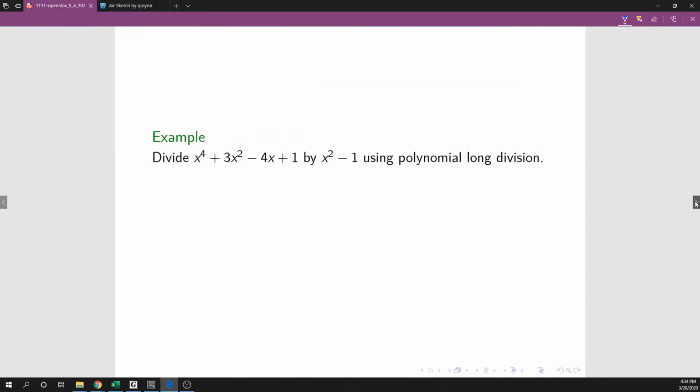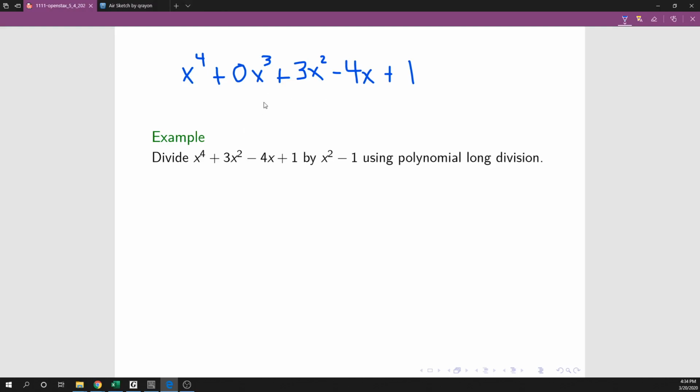All right, so let's do an example like that. Here it says divide x to the fourth plus 3x squared minus 4x plus 1 by x squared minus 1 using polynomial long division. So we can see that we are missing some powers of x here. This one is missing the x cubed, so we would need to write it like this. Okay, so it now has descending powers of x.